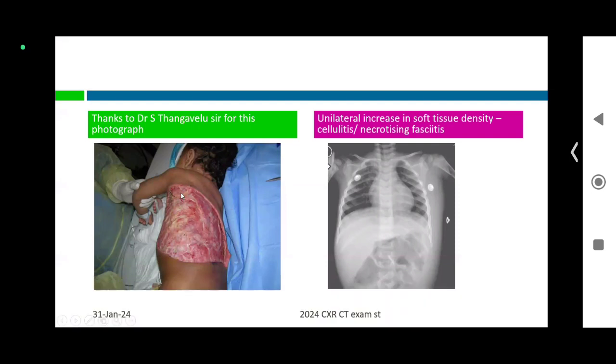This child had to have a lot of debridement. If you look at an X-ray like this, only unilateral, don't waste your time. Immediately shift the child to ICU, because the child needs better care. You need to involve the pediatric surgeon and make sure you don't lose the child.